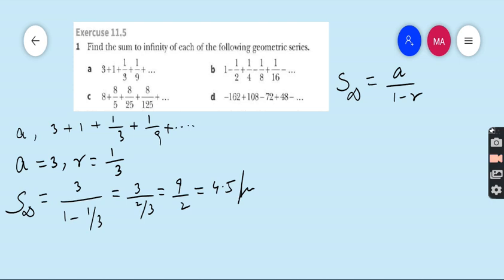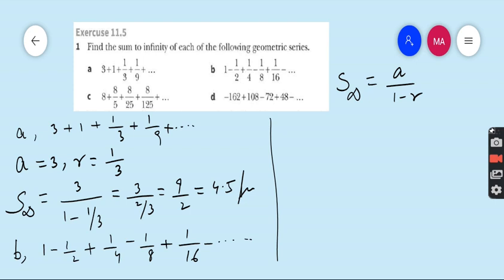So, a very easy question. Come to part B. Part B is 1 minus 1/2 plus 1/4 minus 1/8 plus 1/16 minus and so on. The first term is 1 and the common ratio is minus 1/2 upon 1, that is minus 1/2.